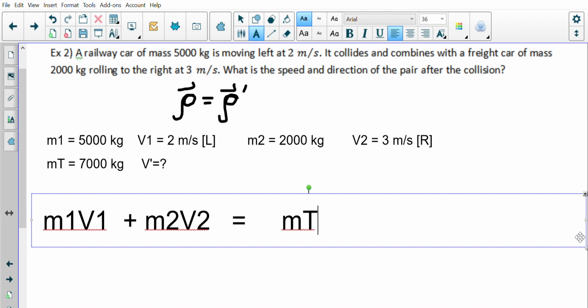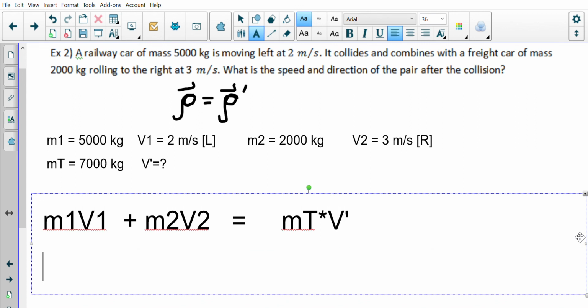So we have our total mass times our final velocity. Hopefully that makes sense. This MT there is one value, the mass total. Maybe I should do a big M and a little t.